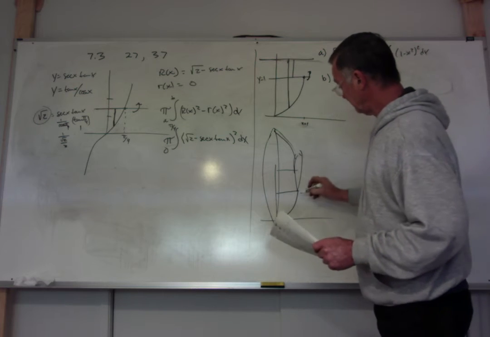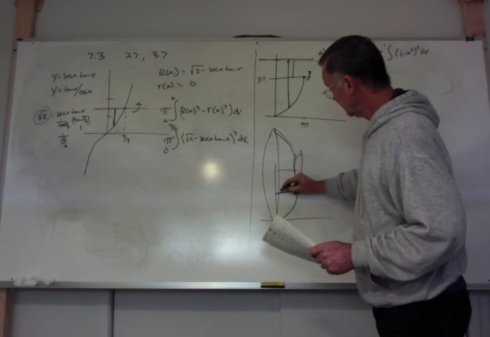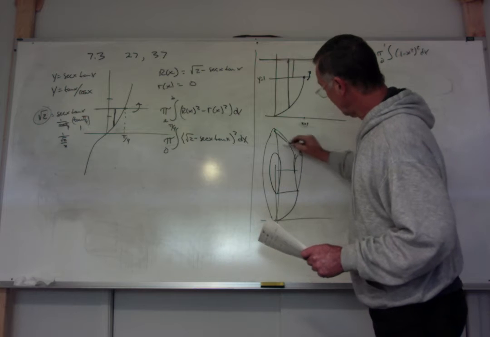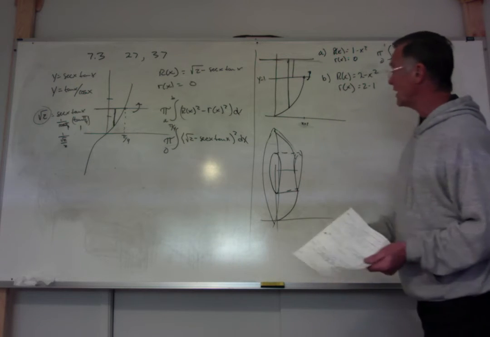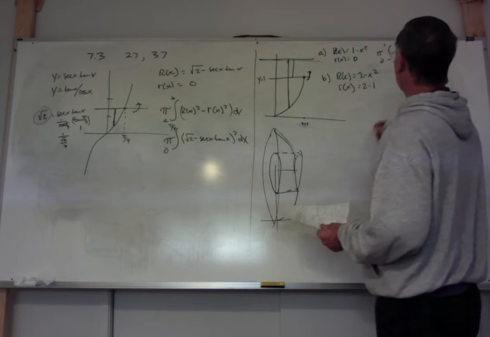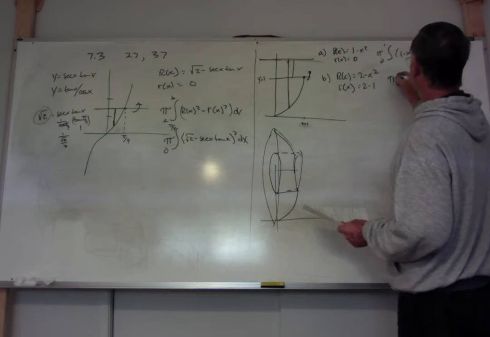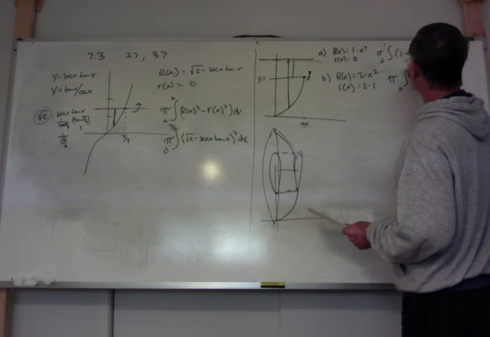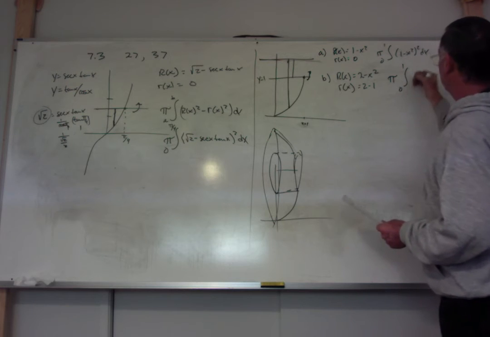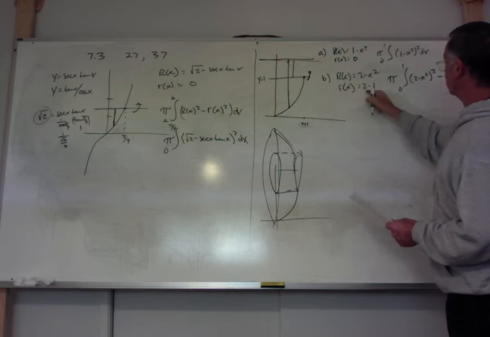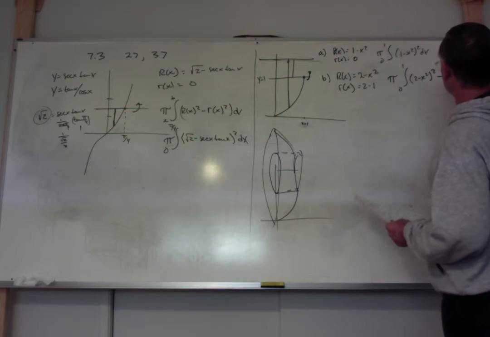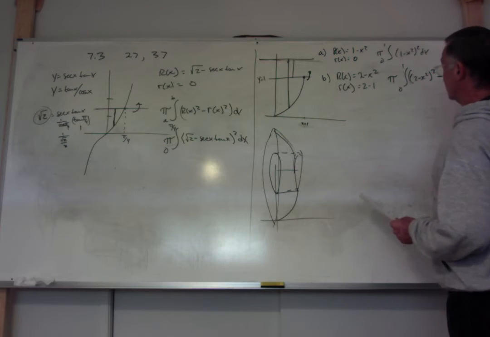So this has a hole through the center like that. It's like a washer is what it is. And so we have pi from 0 to 1 of 2 minus x squared, minus 2 minus 1, of course, is 1, squared dx.